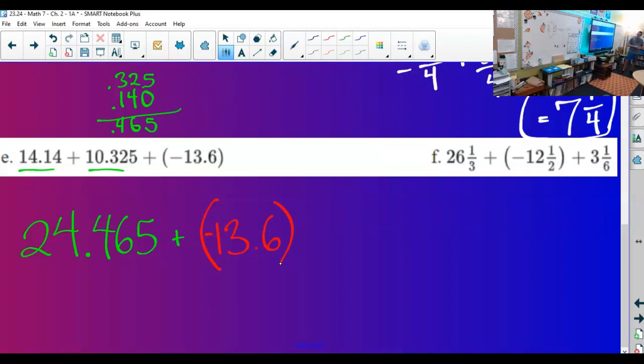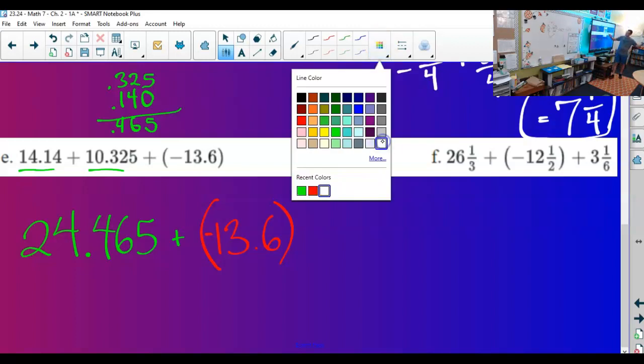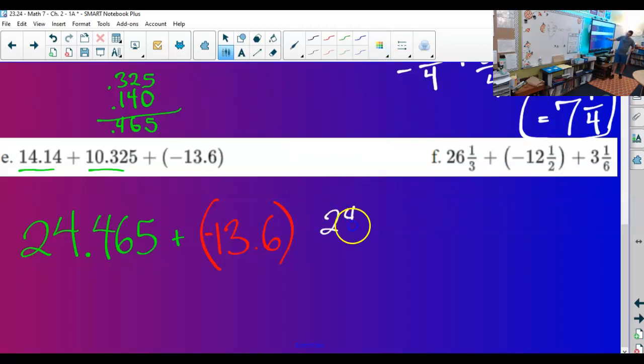Jack, who's going to win here? Good guy or bad guy? Good guy. Okay. Pause what you're doing and look up here real quick. If I say good guy's going to win, 24 minus 13 might be what I do first. Right, okay, that's 11.